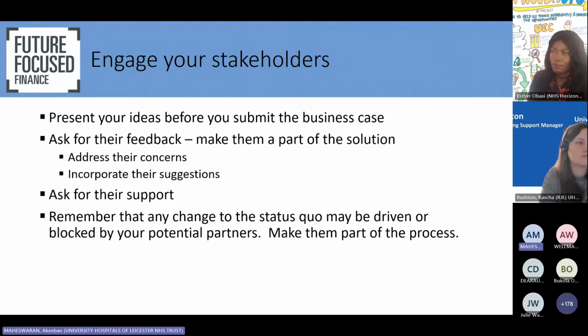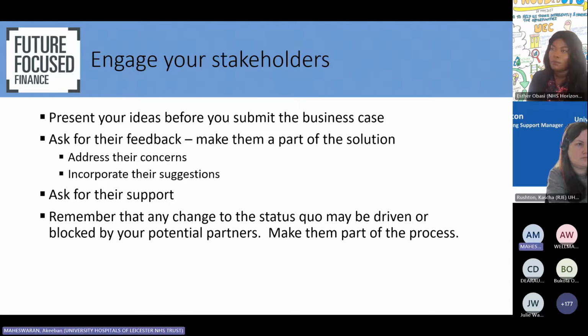Get people to ask their feedback, address their concerns. They may have thought about things from a different perspective and may have identified issues that you may have not thought of. So incorporate their suggestions, address their concerns. Again, with most of these things, you're more likely to get a business case through if it's supported by multiple groups.